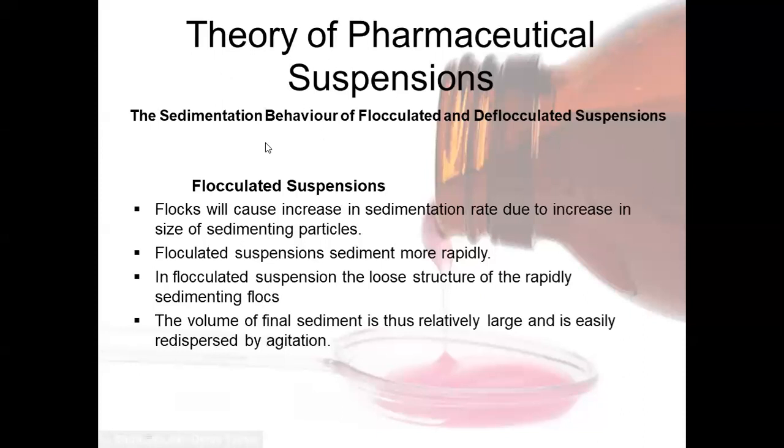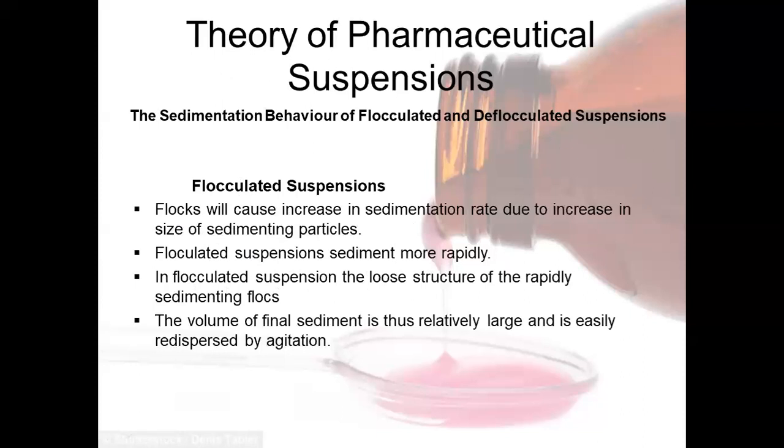In flocculated suspensions, flocs cause an increase in sedimentation rate due to the increase in size of sedimenting particles, and sediment is more rapidly formed. In flocculated suspensions, the loose structure of rapidly sedimenting flocks appears.